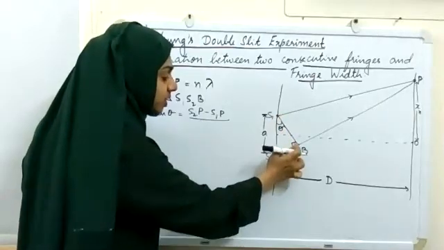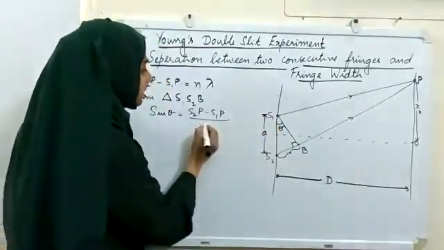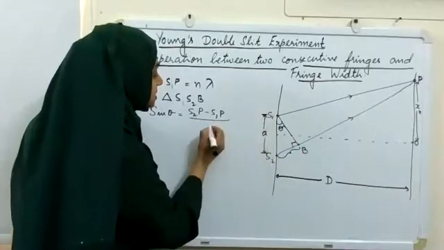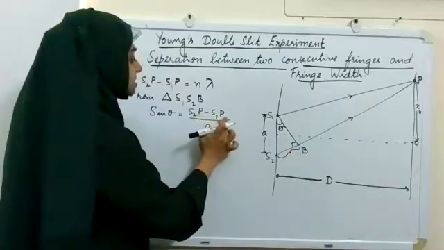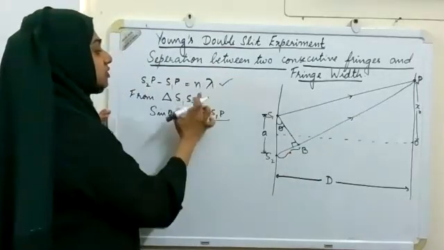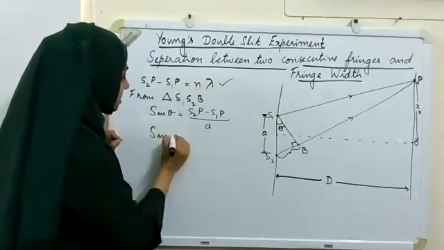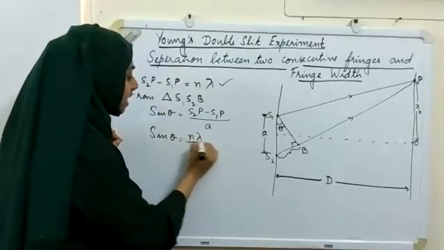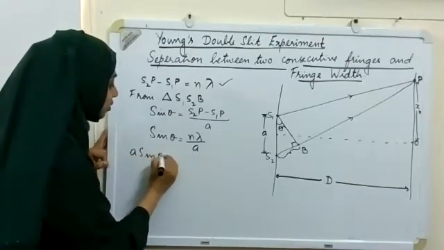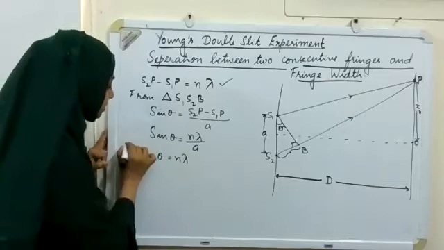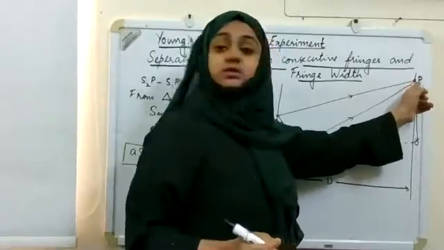The hypotenuse is S1S2 because this is 90 degrees; the side opposite to 90 degrees is S1S2. So that is equal to A. This distance is A. And S2P minus S1P, for constructive interference, should be equal to n lambda. So I can write that sine theta is equal to n lambda by A, or A sine theta is equal to n lambda. This is one of the equations, or the condition, for the light to have constructive interference at a point P.